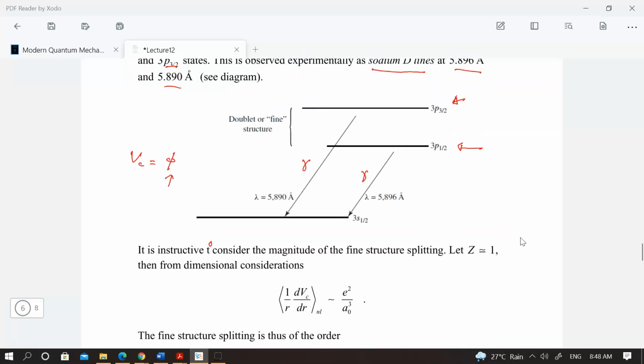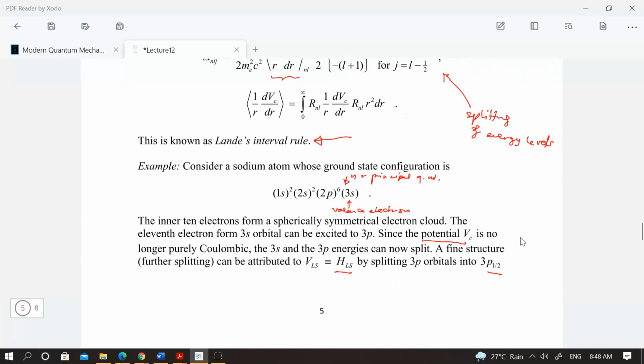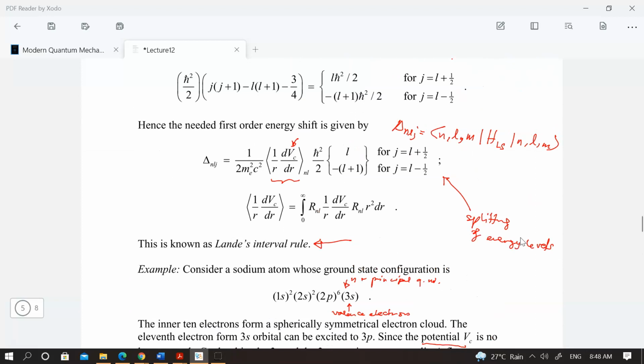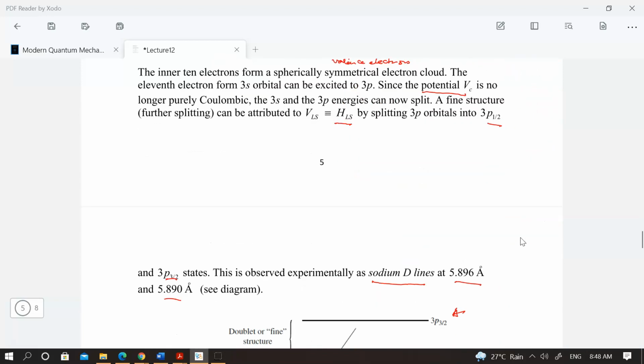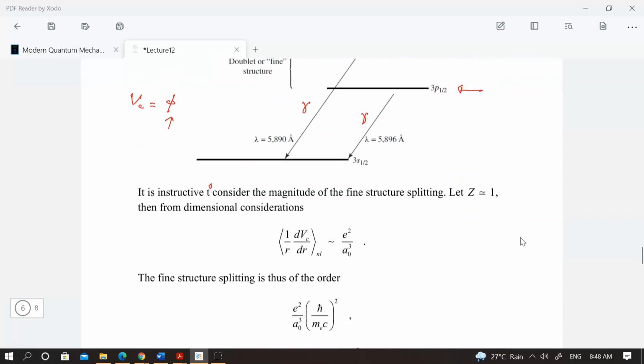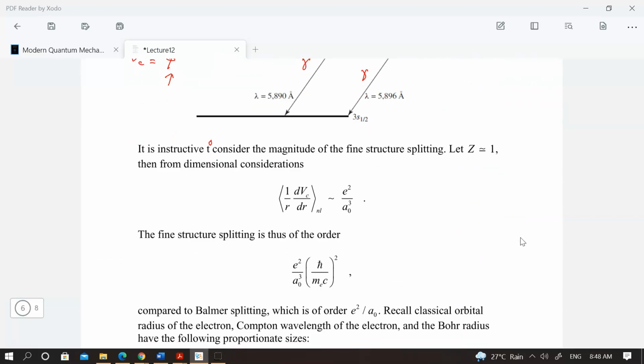So remember, we have the splitting given by this formula. We have that, and that sort of determines the splitting there. So we need to have a rough idea of the kind of magnitude that it has.